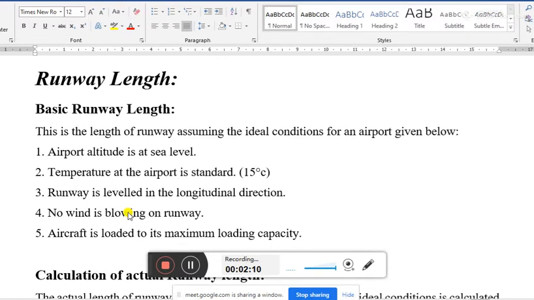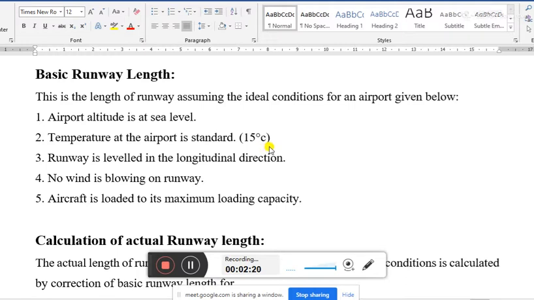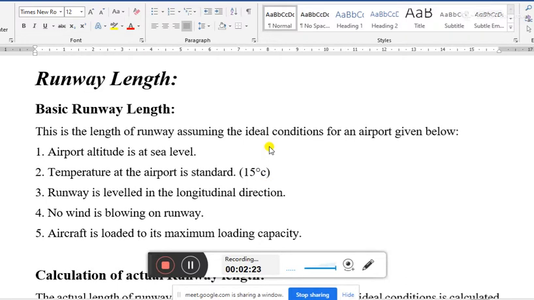These are the ideal conditions at which we can define the basic runway length, and obviously the basic runway length is an ideal concept in any airport. These ideal conditions are not prevailing throughout the airport. That's why we have to make the correction to find out the actual runway length for proper takeoff and landing operation of aircraft.